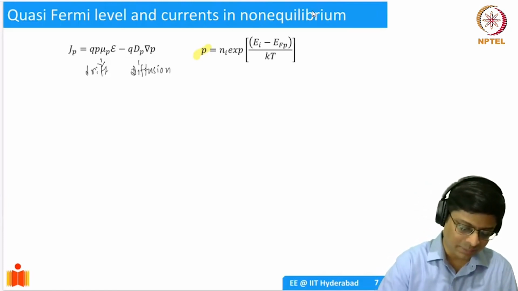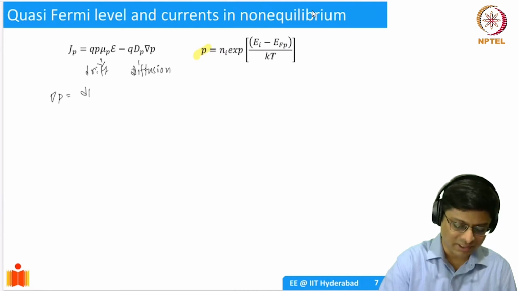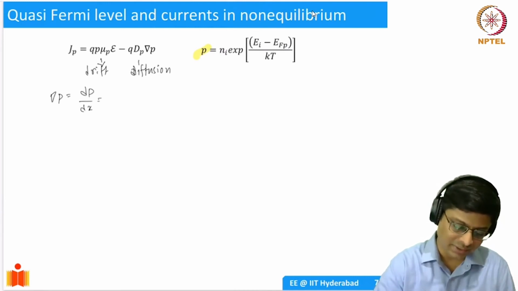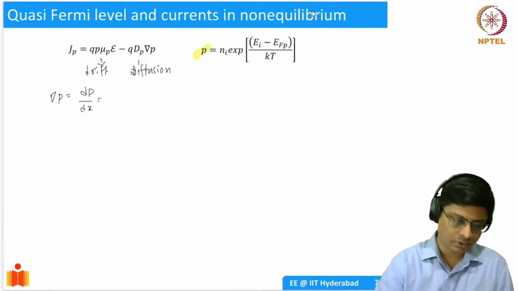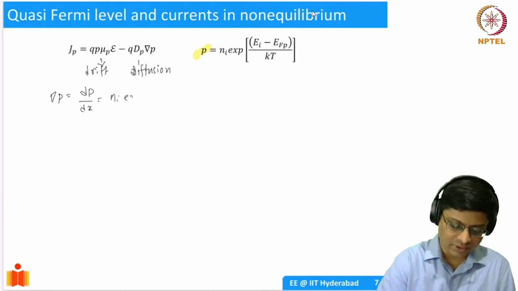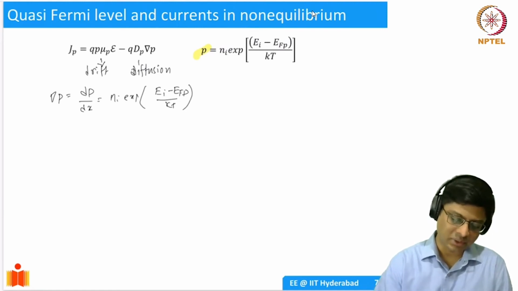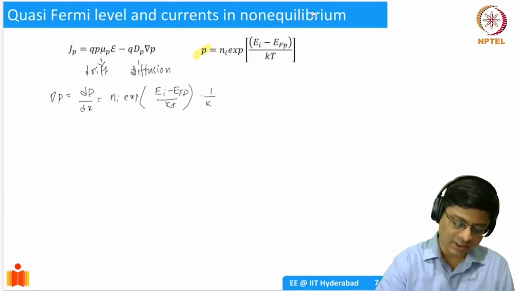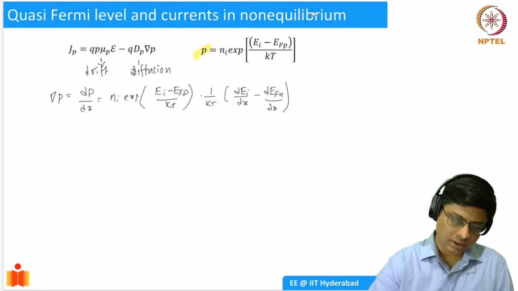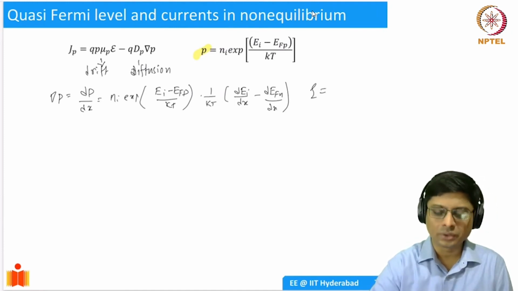So I wrote it as grad P. Essentially, grad P in one dimension is dP by dx, and that is going to be, I'll take a derivative of the carrier density. So basically, that's going to be Ni exponential (EI minus EF) by kT. The whole thing remains as such because it's an exponential, and then there will be 1 over kT times (dEI by dx minus dEFN by dx). Remember, we said electric field is going to be 1 over q times dEI by dx.